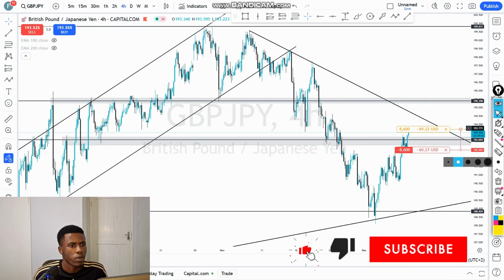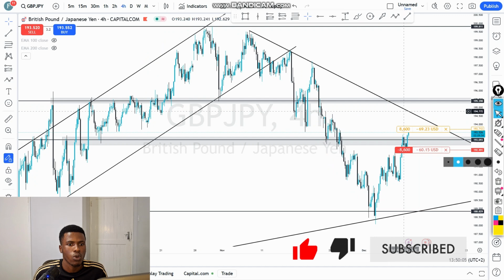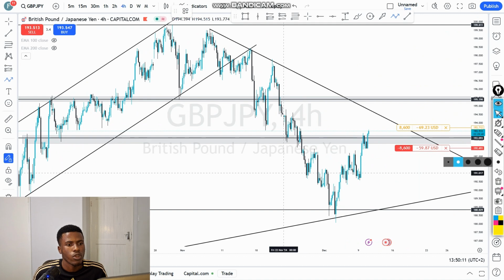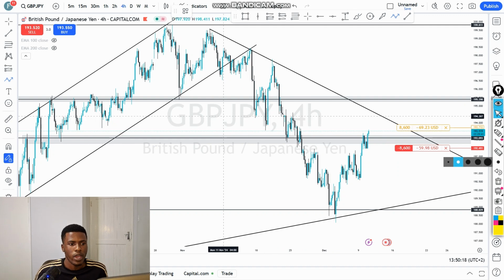I'm not gonna dwell too much on that. Obviously loss happens, so I will be looking also for some other opportunities to potentially short again, because if we go back to our fundamental side of the story, we can see that we are bearish on the fundamental side, and also technically we are flipping into bearish territory, but not 100%.